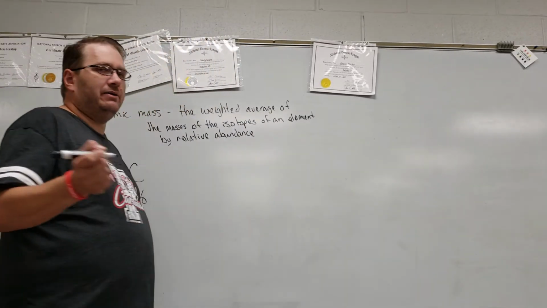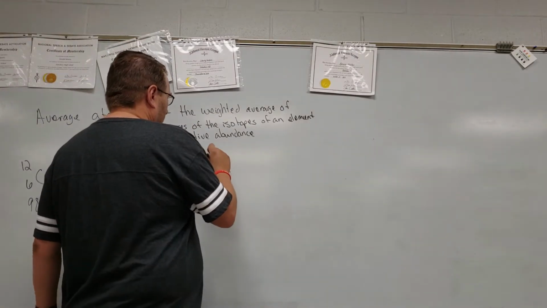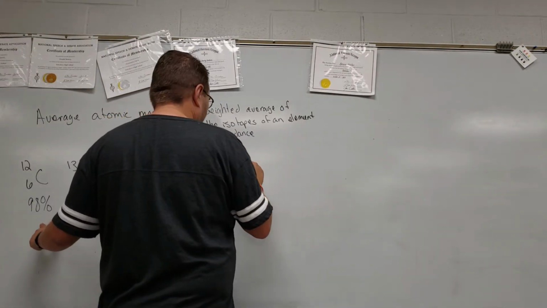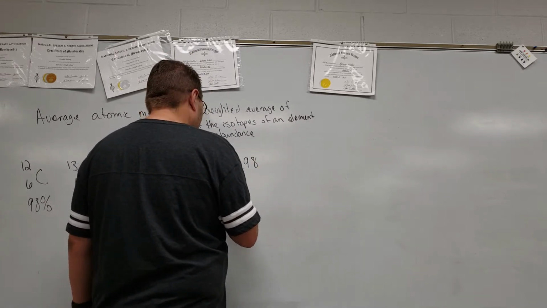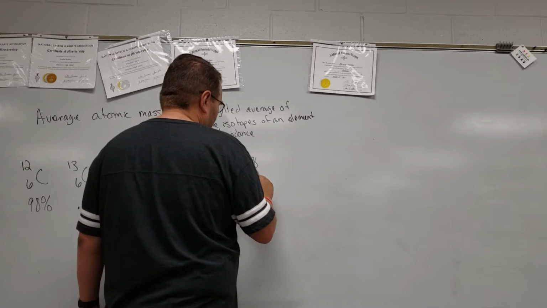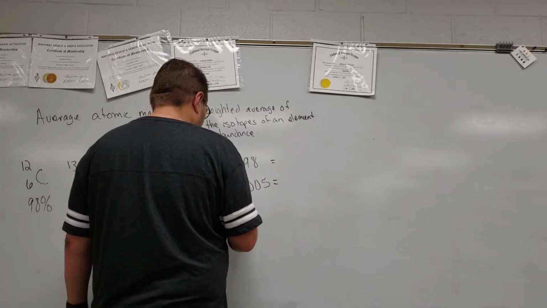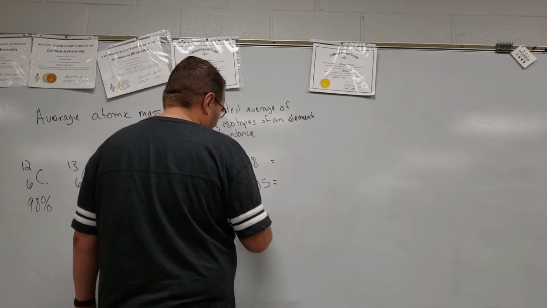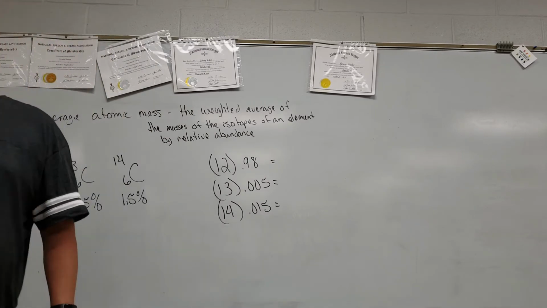So in order to calculate my average atomic mass, I take 12 and multiply it times 0.98. Take 13, multiply it times 0.005. I take 14 and multiply it times 0.015. And I get answers.